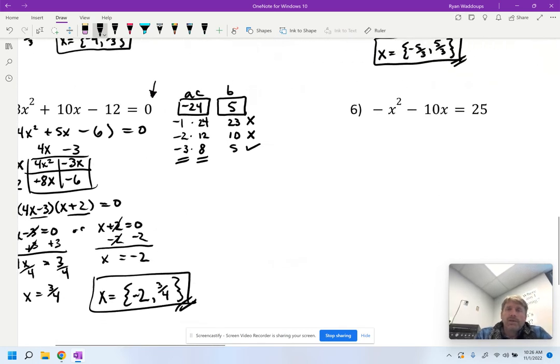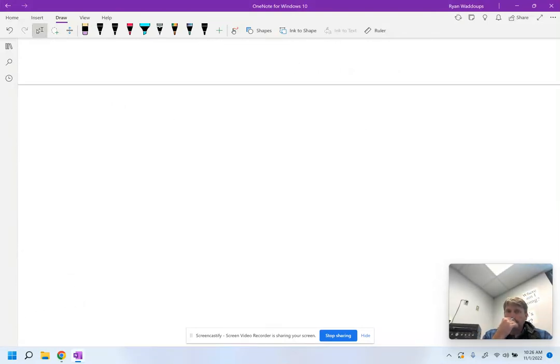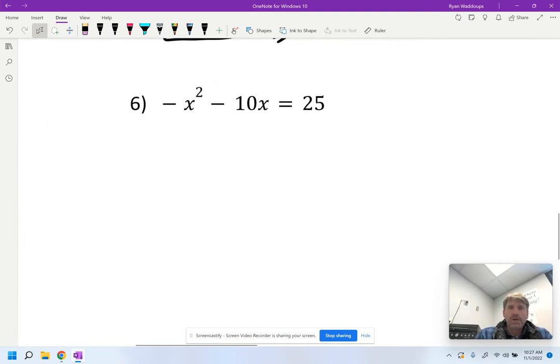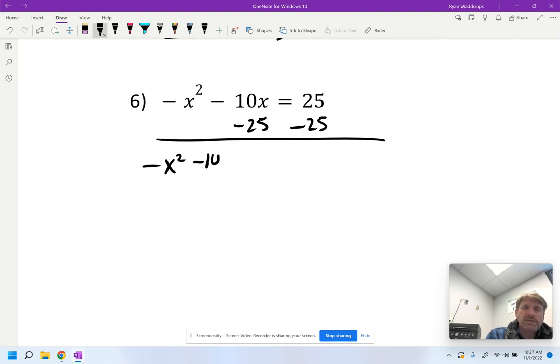All right, let's look at number 6. So number 6, I'm going to subtract 25 from both sides. And that gives me negative x squared minus 10x minus 25 equals 0.